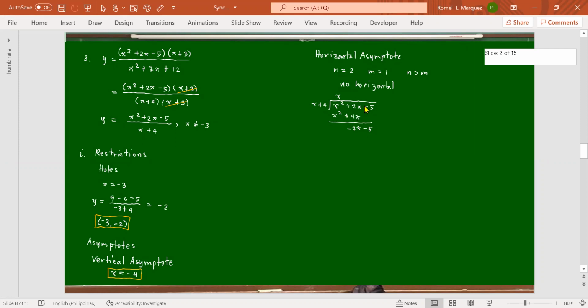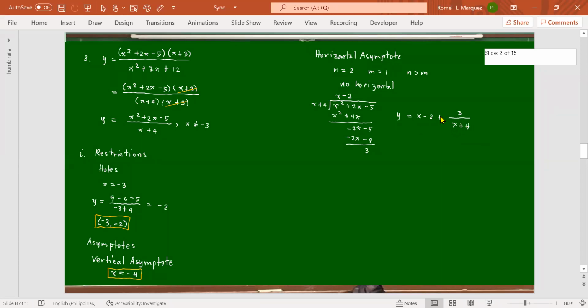Minus 5 divide negative 2. Then negative 2x minus 8. Subtract positive 3. So ano ang ating makukuha? Y is equal to what, guys? X minus 2 plus 3 all over x plus 4. Okay?